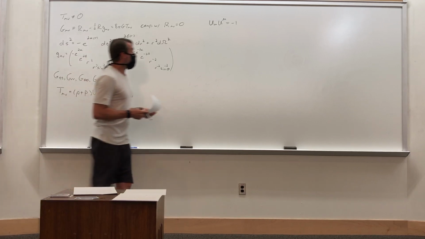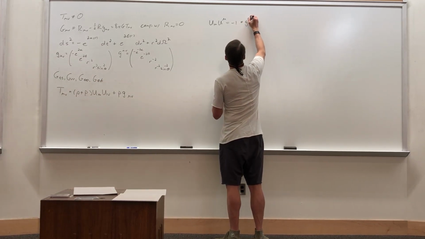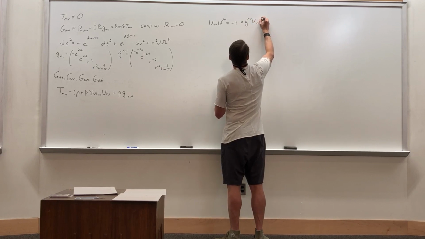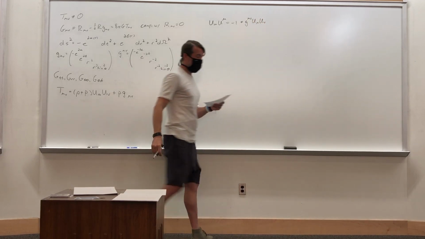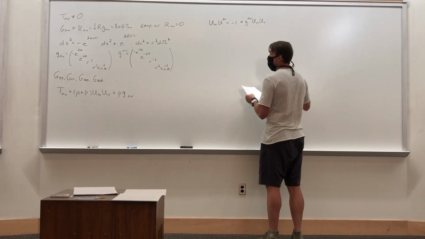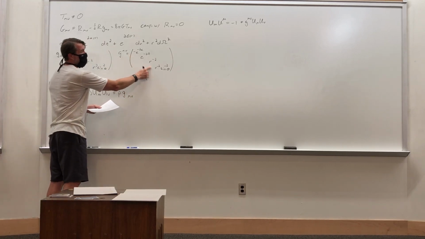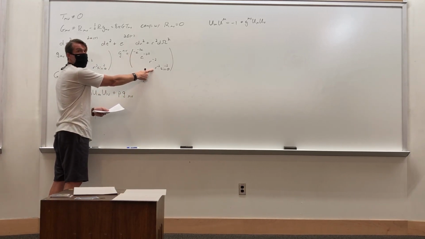Okay. So why am I writing this up here? Well, recall that this is just g_{μν} U^μ U^ν. Oh, wait a minute. I know these fiducial components of g_{μν}.